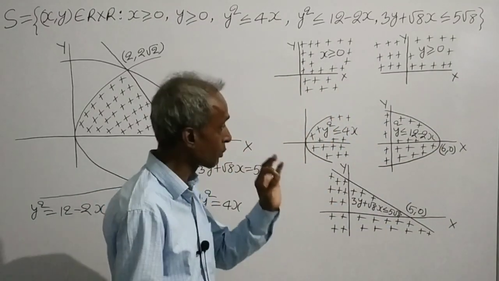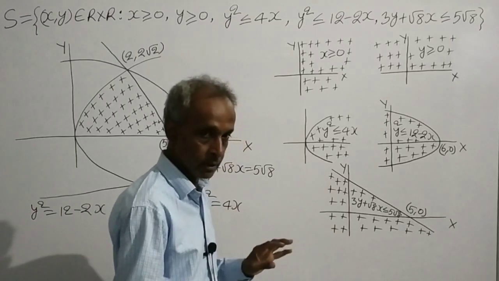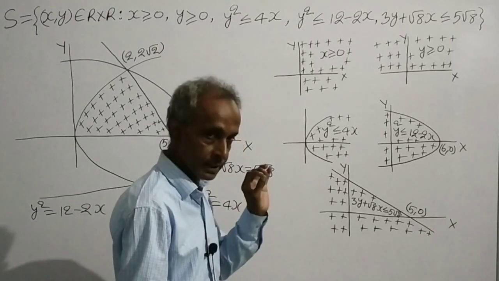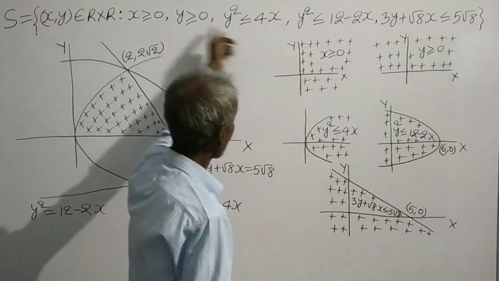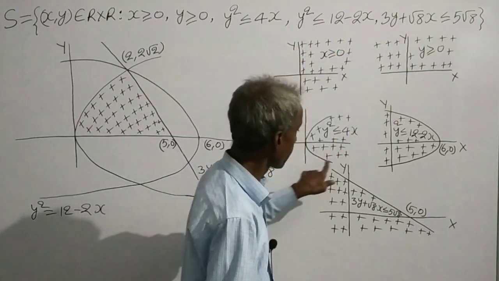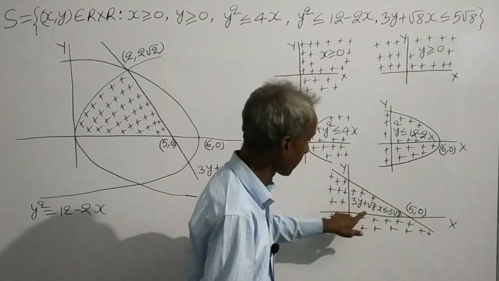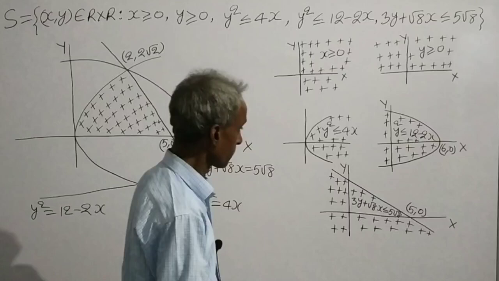Therefore, we have to find the area of the region in which each point satisfies all the conditions. That means this condition, this condition, this condition, this condition and this condition together.